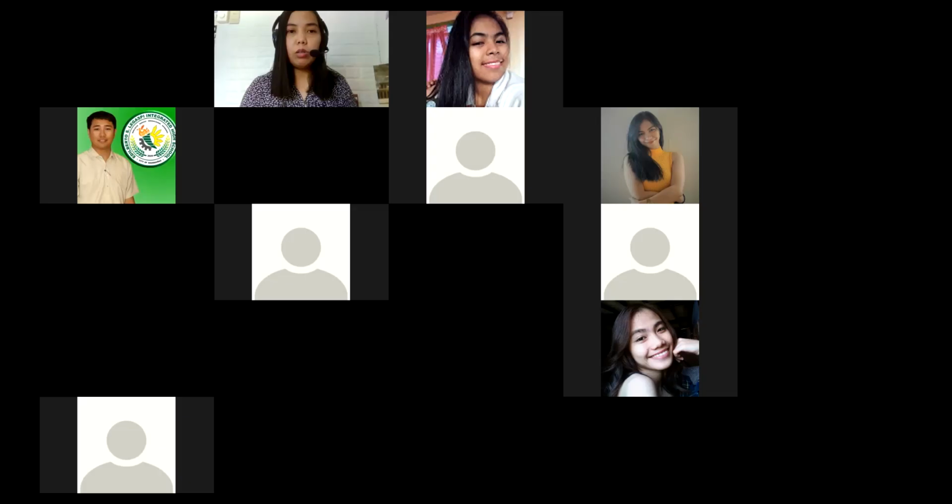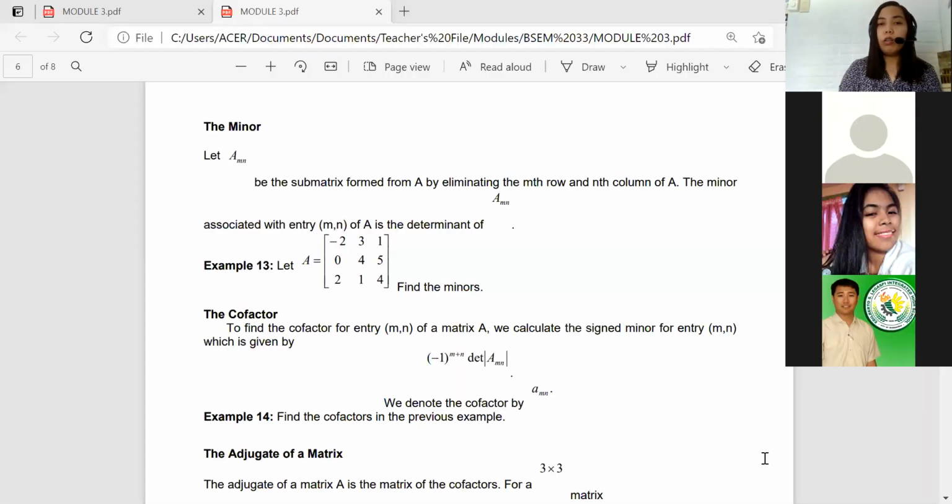Next, we will continue sa cofactors. Continuation lang din ng example na yan. How about cofactor? To find the cofactor for entry mn of a matrix A, we calculate the sign of the minor for entry mn, which is given by negative 1 to the power of m plus n, multiplied by the determinant of A sub mn.